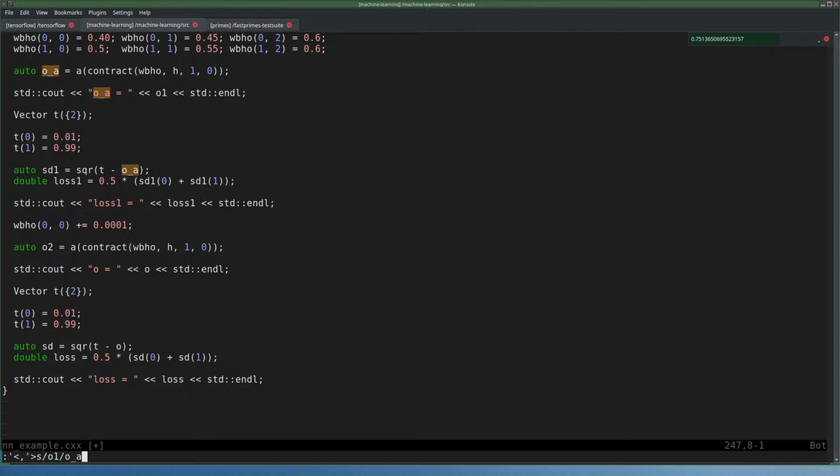Let's call it A. And then of course the other stuff as well. So the SD1 and the loss. SD1 becomes SD underscore A. And the loss 1 becomes loss underscore A.